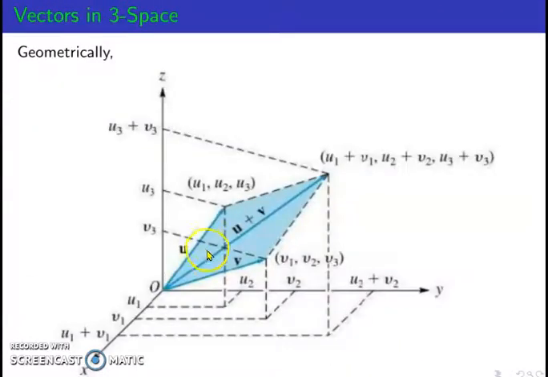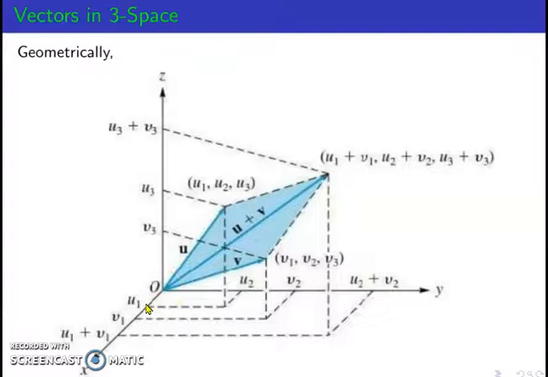Geometrically, the sum of two vectors in R cubed is represented by this one. So this is our vector U. Kita naman ang ating vector V, and this is our vector U plus V. For the components of the vector U, for the x-axis, that is U1, from the origin up to this point.